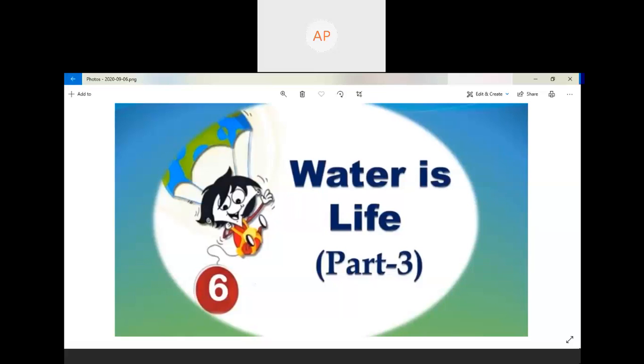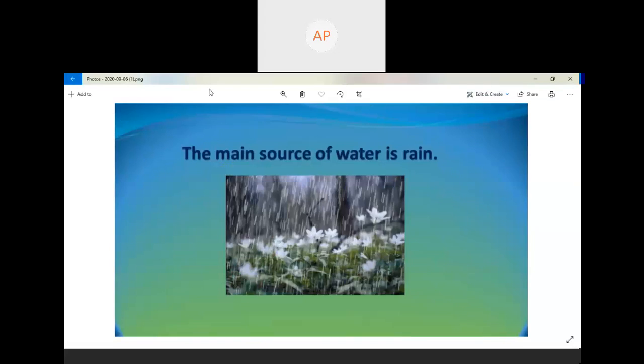Yes. The main source of water is rain. So today we are going to see part 3. Yes, we saw about dam. Very good, Meenaja. So let's have a small recap of the previous session. The main source of water is rain.